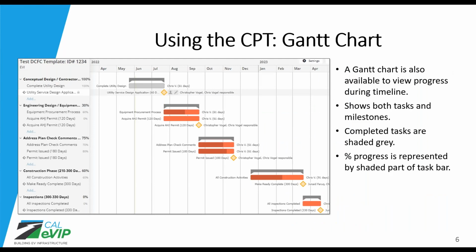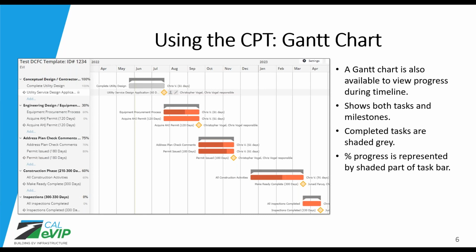This is another way within the tool that you can view your projects. The diamonds that you see here are major milestones, and the lines on the Gantt chart are tasks. These are obviously based on the average timeline for either a DCFC or an L2 project, depending on what your project is, and an estimated average timeline that tasks and milestones may take.